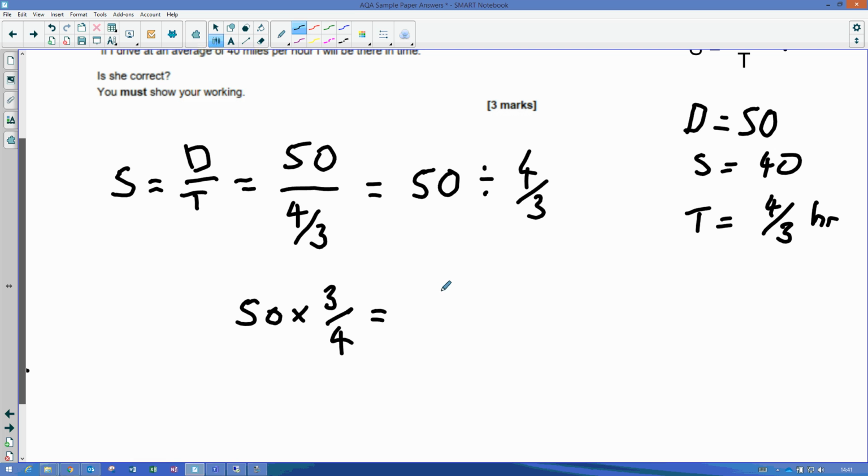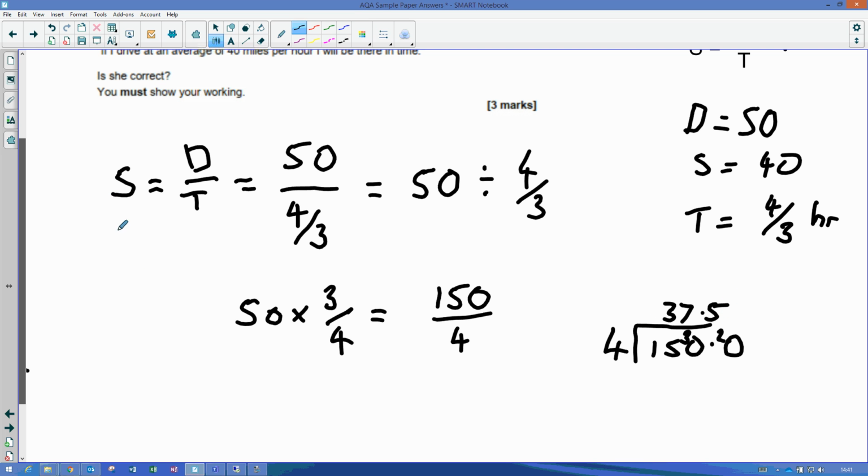3 times 50 is 150, and that's over 4. So that's just a division sum. 4 into 1 doesn't go. 4 into 15 goes 3 times with 3 left over. 4 into 30 goes 7 times with 2 left over. 4 into 20 goes 5.